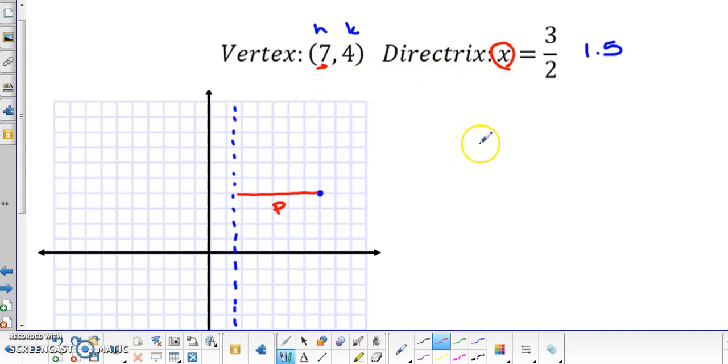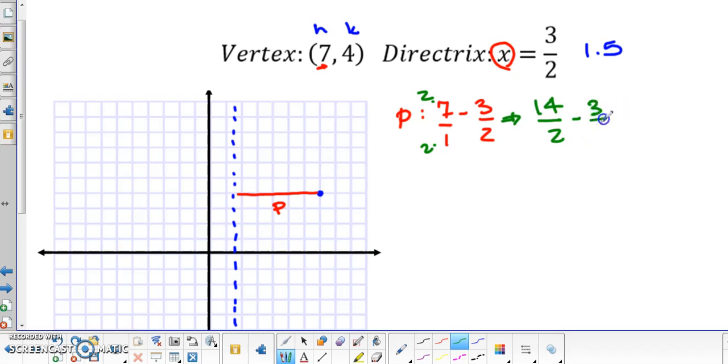So to find my p, I'm going to do 7 minus 3/2. In order to do that, I'm going to put the 7 over 1, then multiply by 2 to both of these. That's going to get me 14/2 minus 3/2, which gives me 11/2.